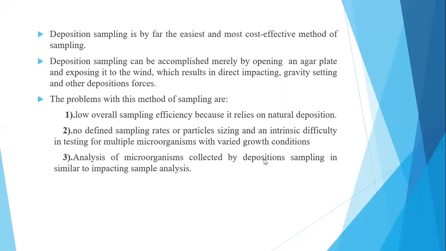The problems with this sampling method are low overall sampling efficiency because it relies on natural deposition, no defined sampling rate or particle sizes, and difficulty in testing for multiple microorganisms with varied growth conditions. Analysis of microorganisms collected by deposition sampling is similar to impaction sample analysis.